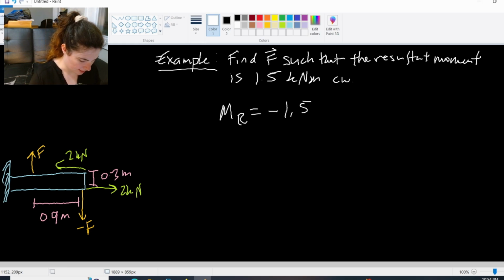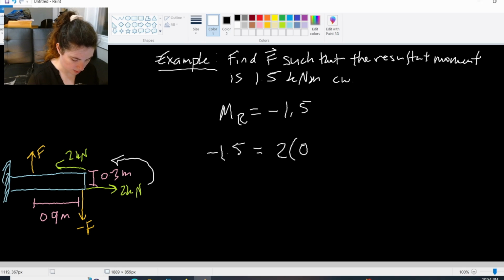So this pair here is going counterclockwise. So we have negative 1.5 equals 2 times 0.3. And then we'll put in our F couple moment.